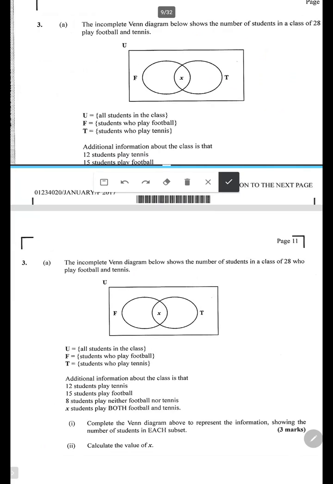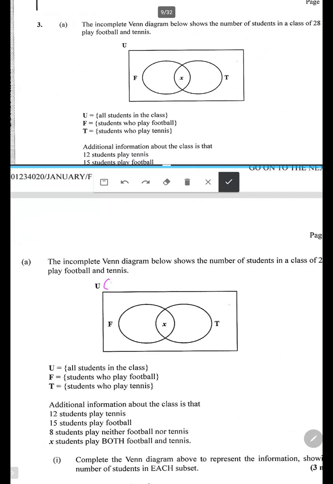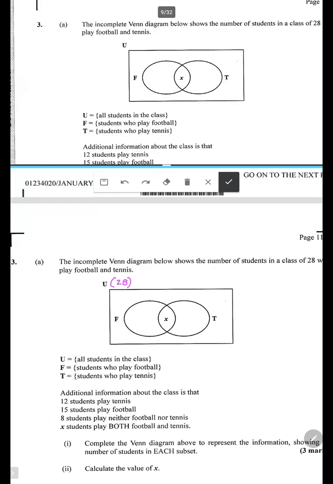So I'm going to put that information on right away. Since the class is 28, I'm putting 28 right here. That reminds me that everything in the universal set must add up to 28.